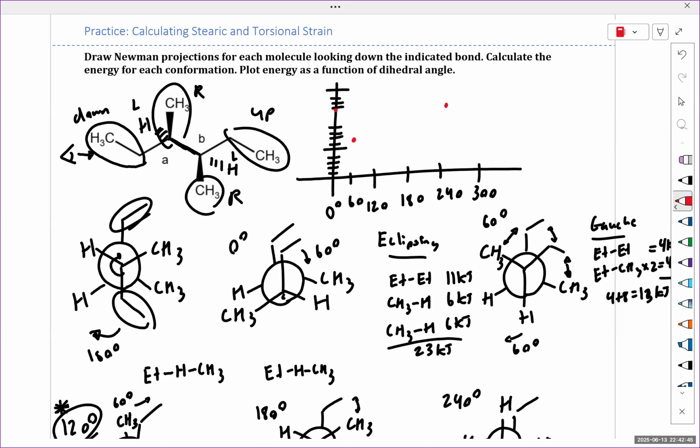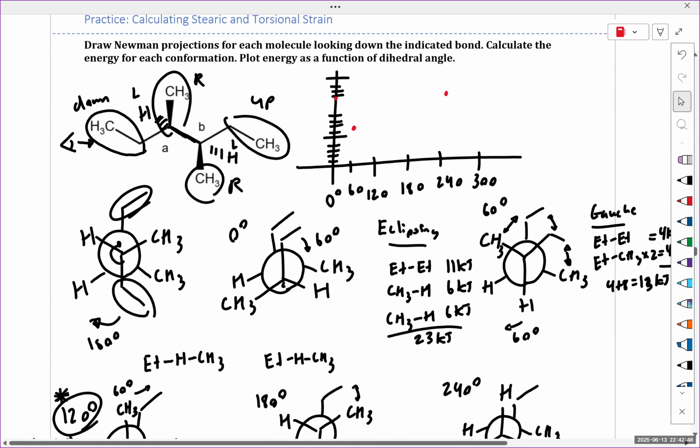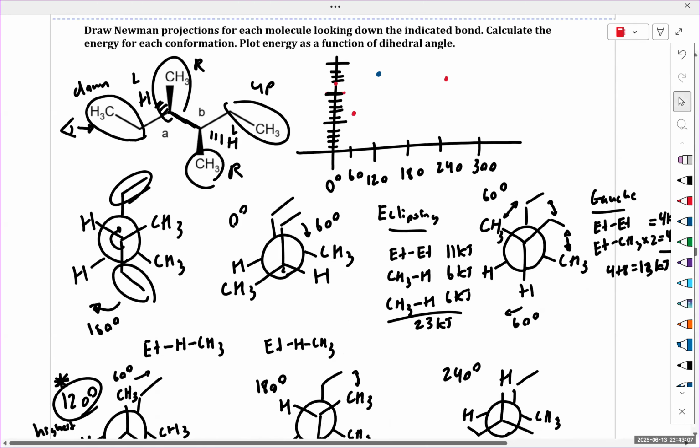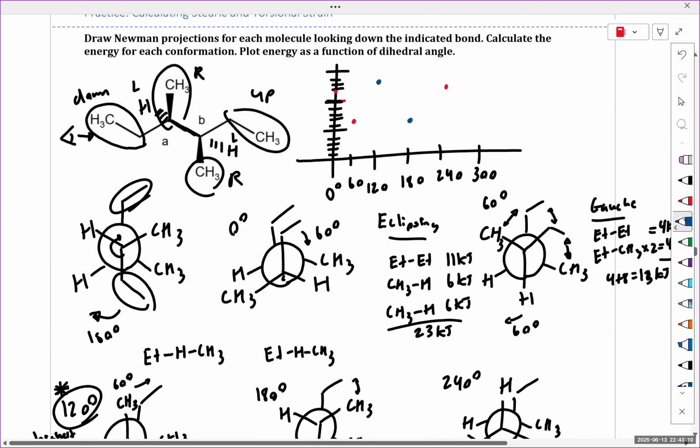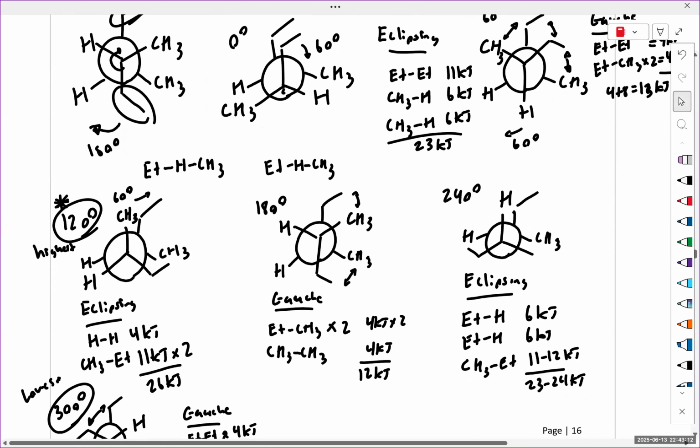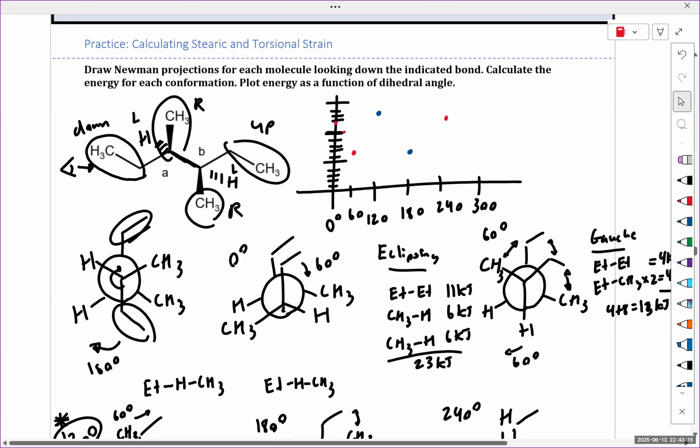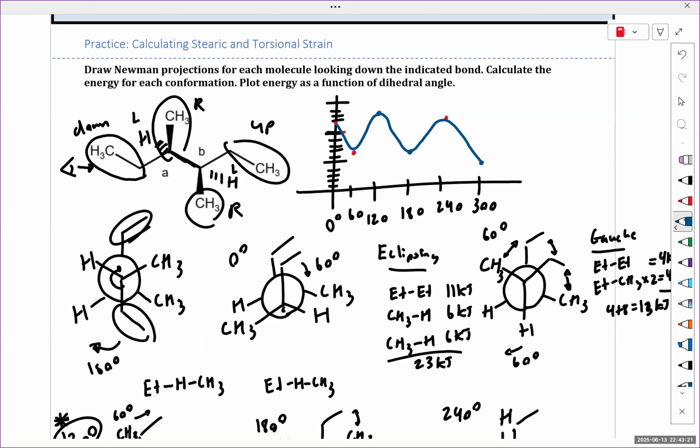So 60 is around 13. 120 is around 26. 180 is around 12. 240 is around 24, and 300 is around 8. So let's connect the line. And there we go.